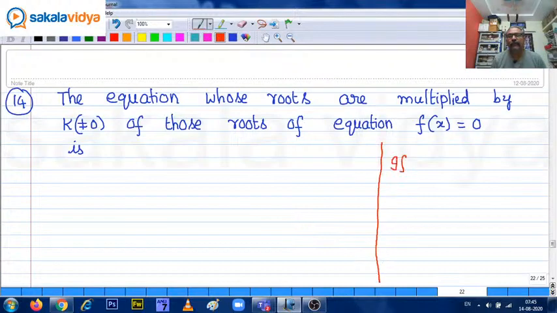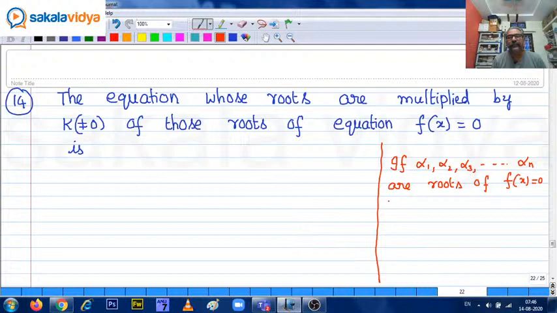if alpha 1, alpha 2, alpha 3 and so on, alpha n are roots of f of x equal to 0. Now what we need to find out is the equation whose roots are multiplied by k.